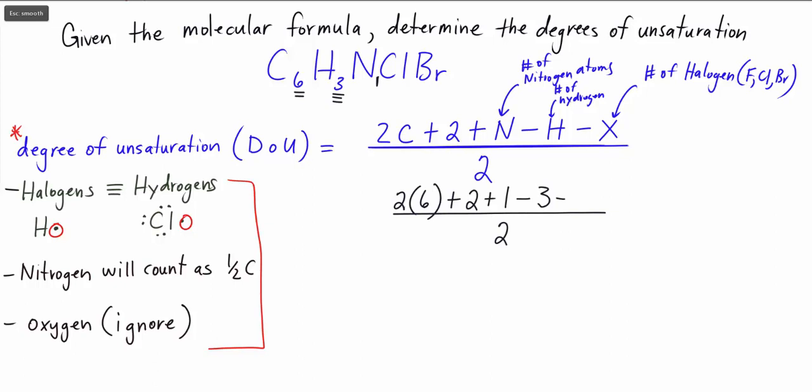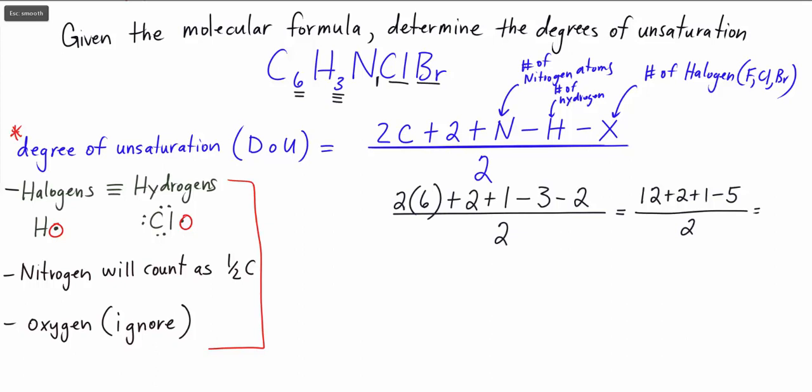And we want to subtract off the halogen. Br is a halogen and chlorine is a halogen. So we have 2 of those. So we want to subtract off 2. And then we want to simplify this. So we would have 12 plus 2 plus 1 minus 5, and that's all divided by 2.